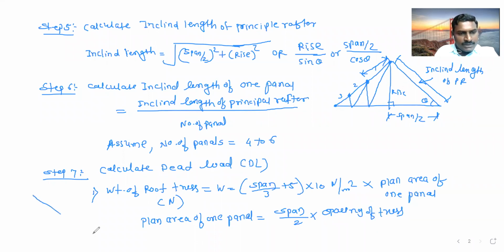See, this is the inclined area. Now we have to convert it into plan area. So span by 2, this is the total span by 2, this distance.